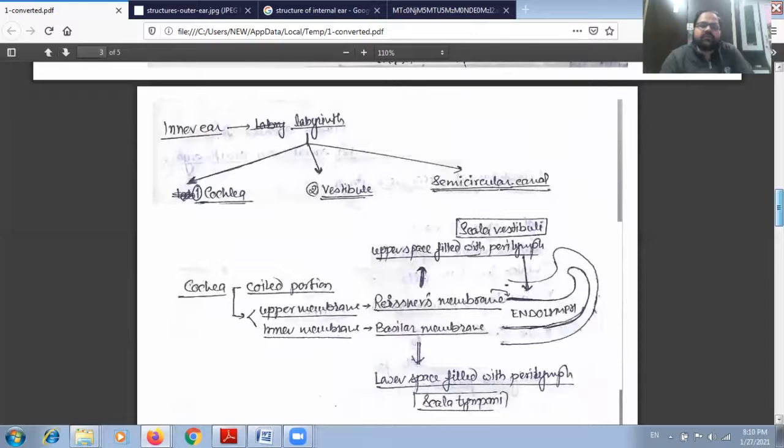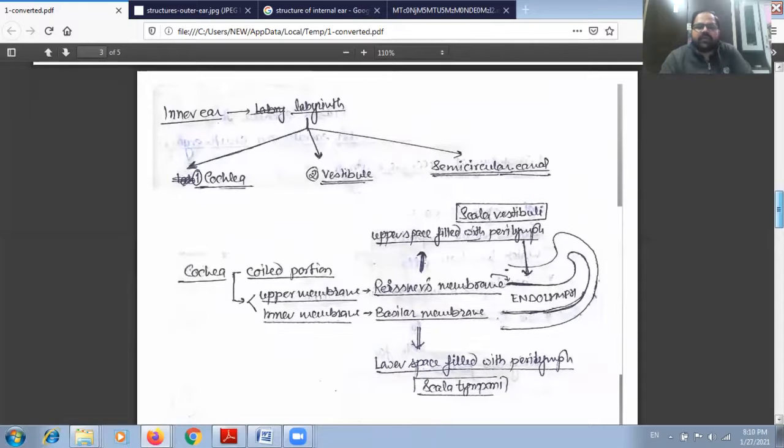Now we will see some details about the internal ear. As we know, the inner ear or internal ear is made up of labyrinth, and it is again divided into some important parts: cochlea, vestibule, and semicircular canal, as we have discussed earlier.